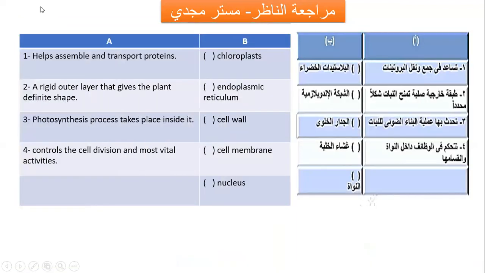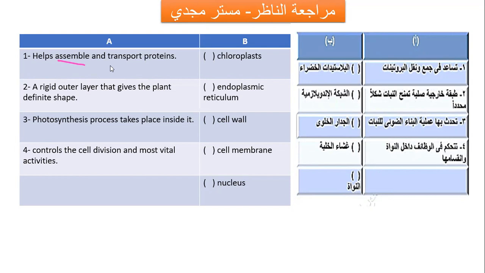Match. Number one, help assemble. Please underline this word, assemble, here. You see this word assemble and the transport protein. Which organelle assembles and transports protein inside the cell?